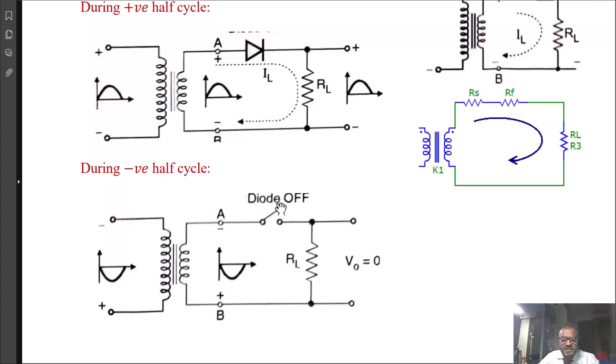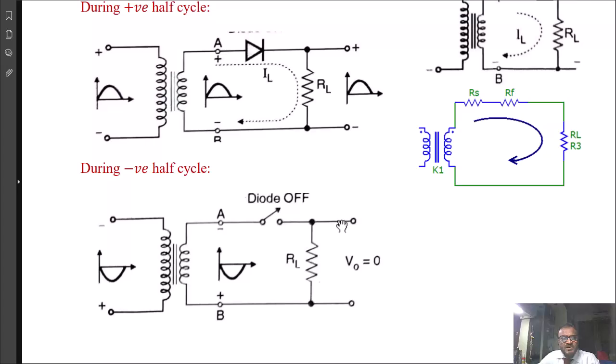It acts as an open circuit switch, and therefore the load resistance RL is disconnected from the secondary winding, and the voltage across the load is 0 during the negative half cycle.